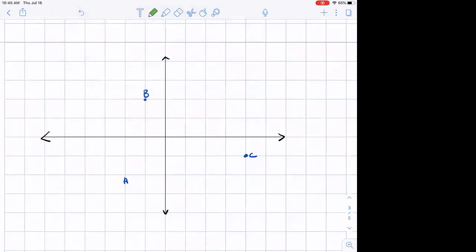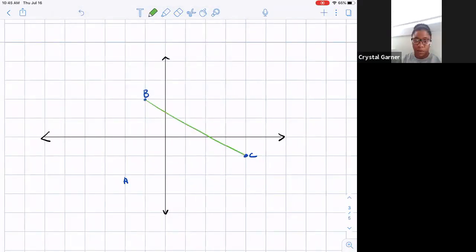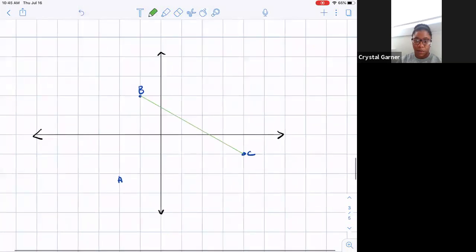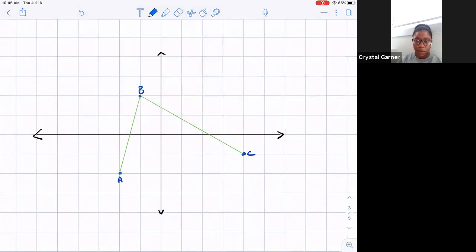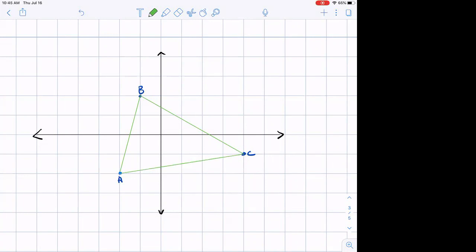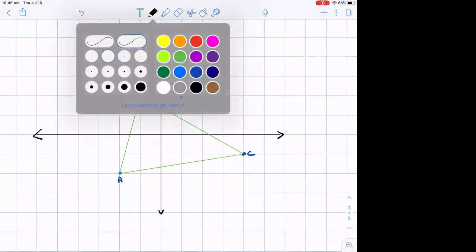Let's make our triangle green. Okay, that's a triangle. Does everyone agree with that?